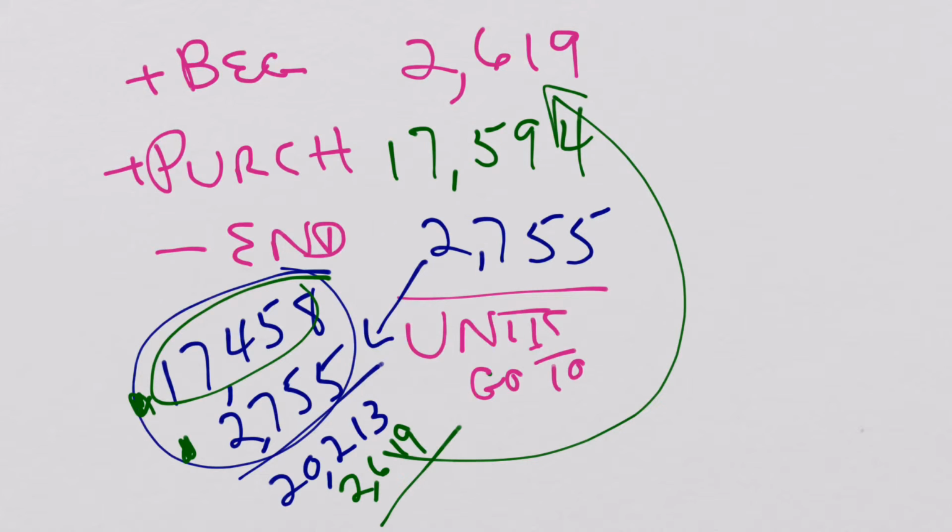So this is the unit down here. This is the units that go to production, actually. That's the better way to describe it. It goes to production.